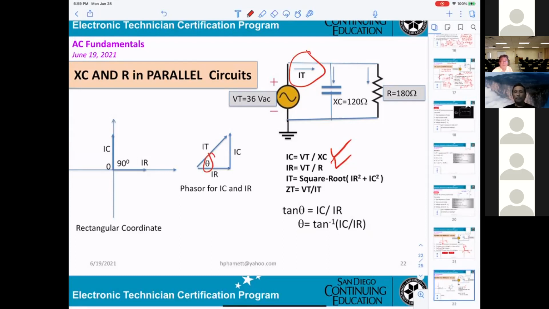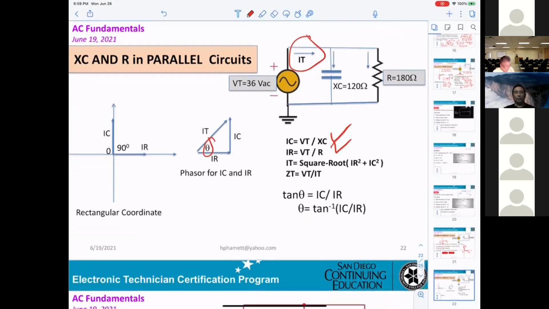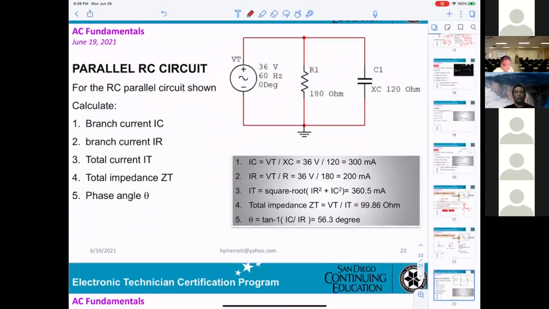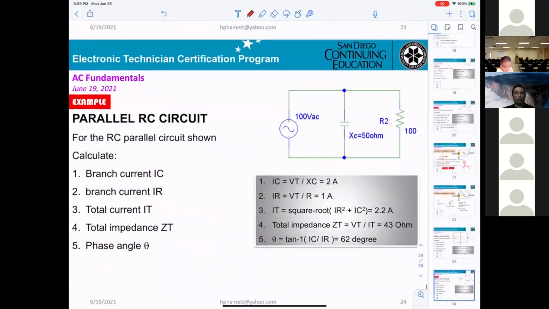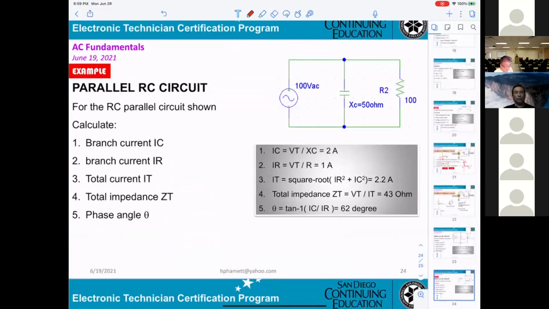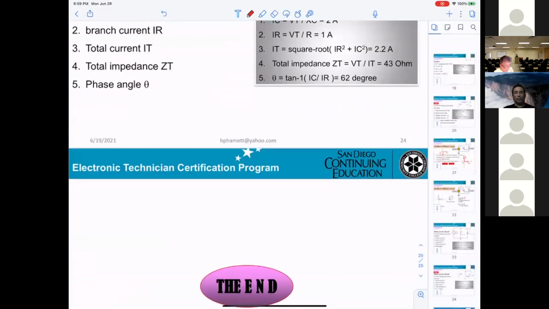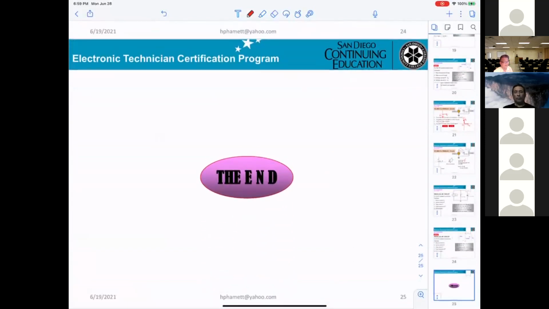That's all of the formulas you must know to get through this circuitry. This one we already calculated for you. Try to practice how to calculate IC, IR, IT, total impedance and the phase angle, and the second example as well. Okay, that's it. Any more questions? Anything else?